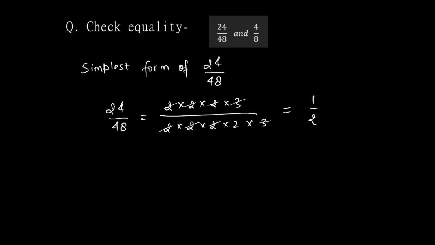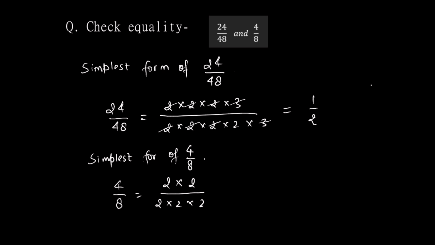Now we write the simplest form of 4 over 8. Here we also write their prime factorization. Now we cancel out common terms. Here we have 1 over 2.